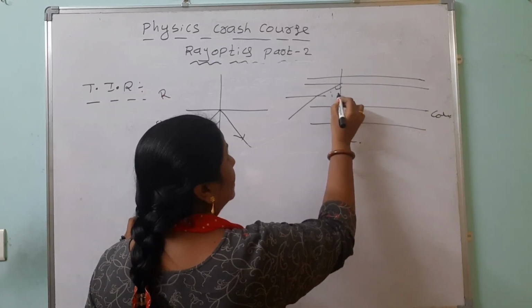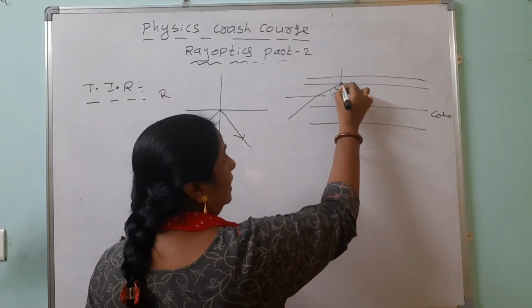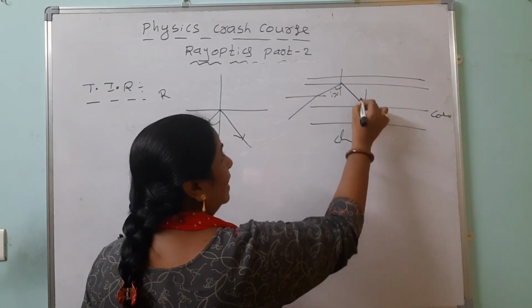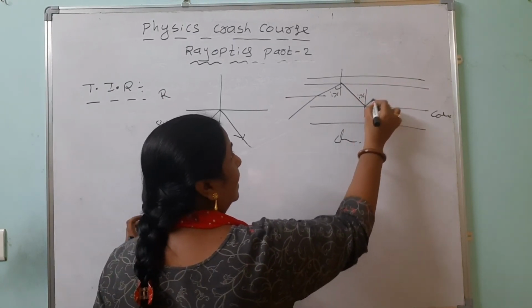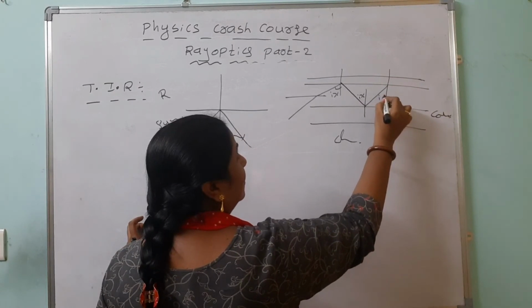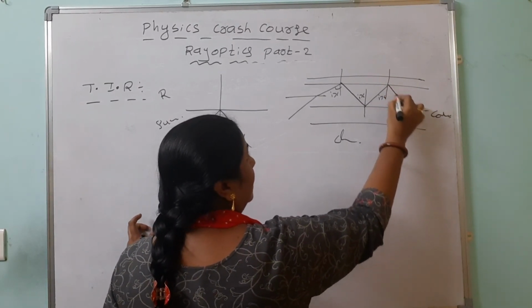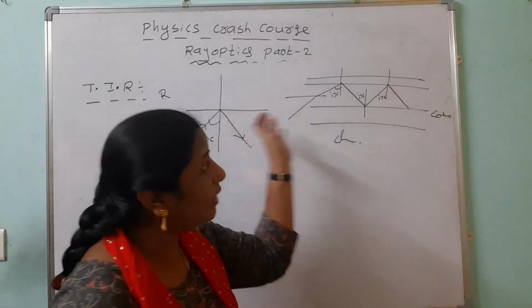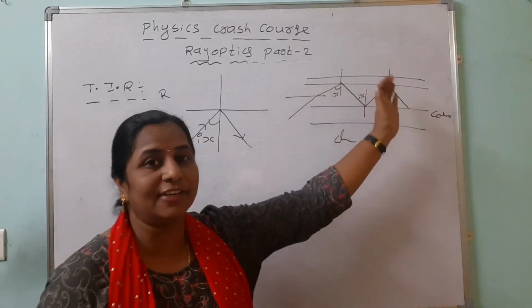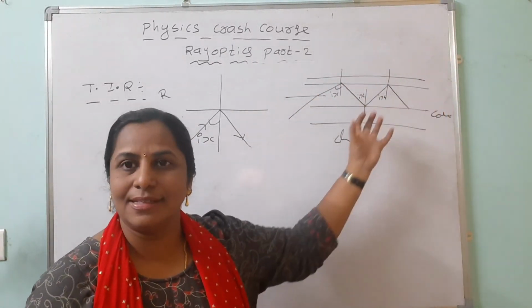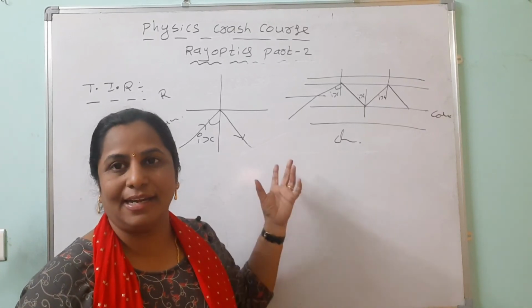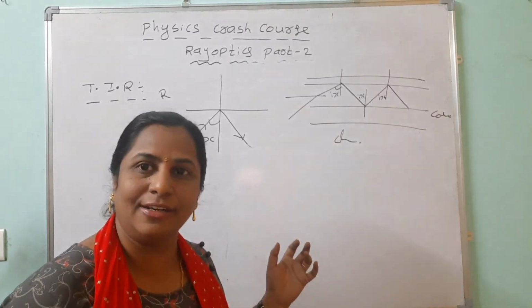Here the angle of incidence is greater than the critical angle, then it comes back. And here also the angle of incidence is greater than the critical angle, and here also. Like that we can observe, through the pipe, we are sending the information without any loss. This is called optical fiber and it is based on total internal reflection.